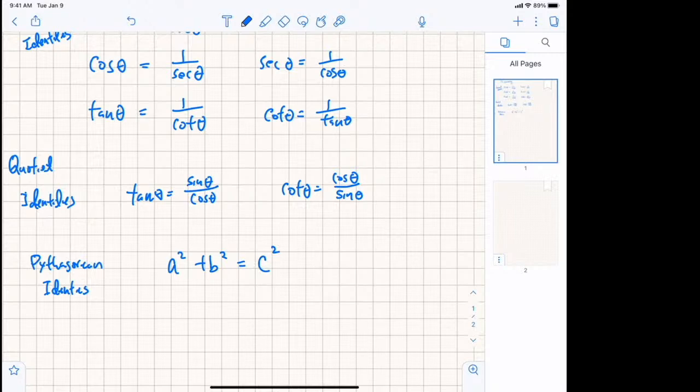There was also another one for pre-calculus. Do you guys remember? Anybody else? Sine squared plus cosine squared equals 1? Yes, thank you. That's very impressive.